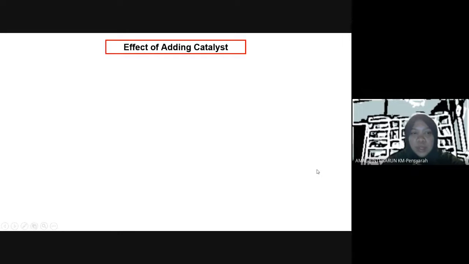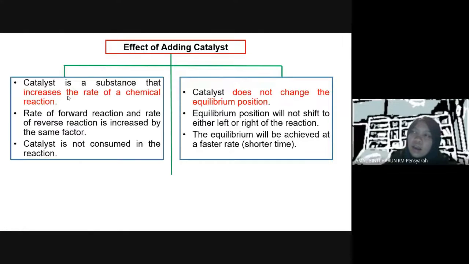Yang ni pun you tahulah kan, you dah belajar dalam bio kan. So catalyst ni tidak akan berubah lah. Catalyst ni tak akan affect reactant ataupun produk chemically. Catalyst ni hanya speed up reaction sahaja. Sebab tu dia kata catalyst only increase the rate of reaction. Sama ada cepat ataupun lambat.